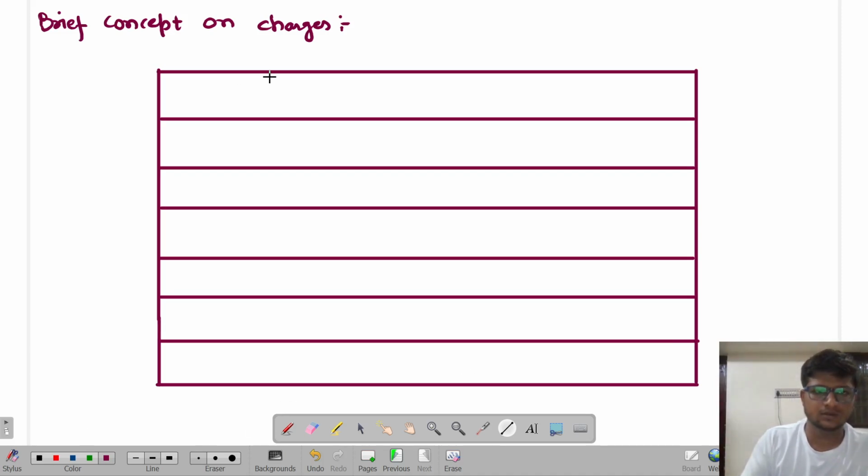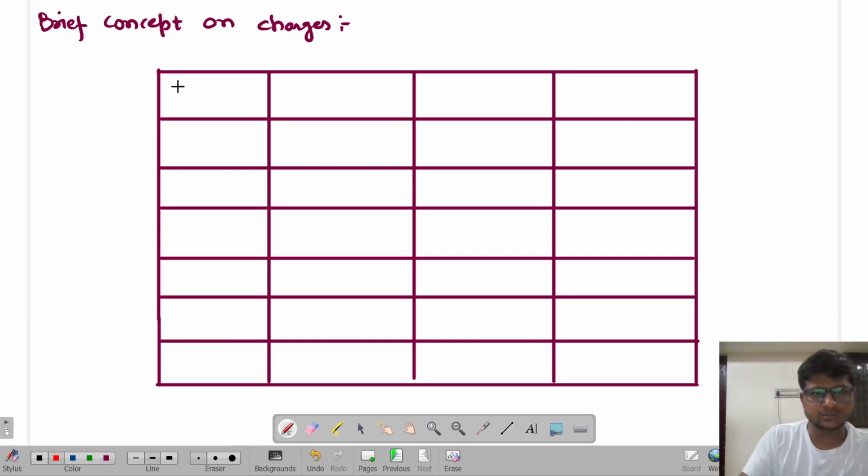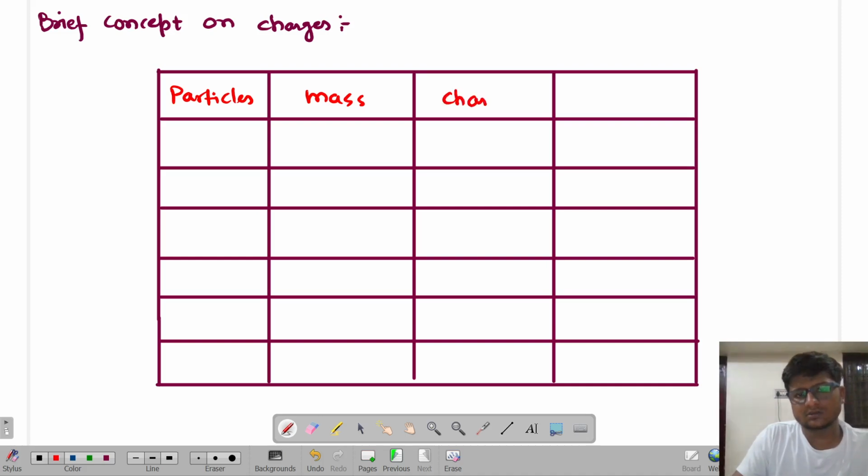Charges, their mass, their charge, and their identity. So let us select first. These are our particles, then their mass, their charge, then identity.